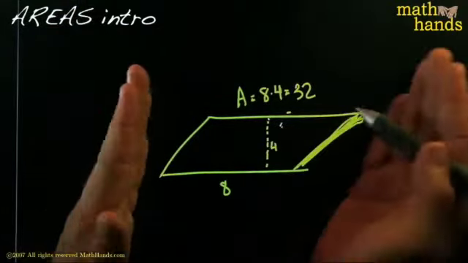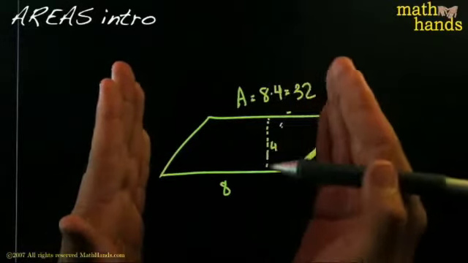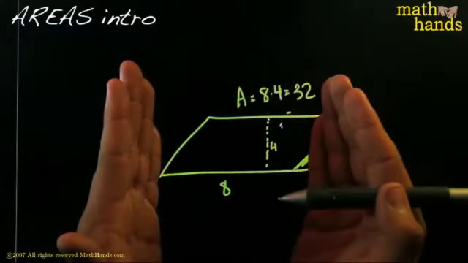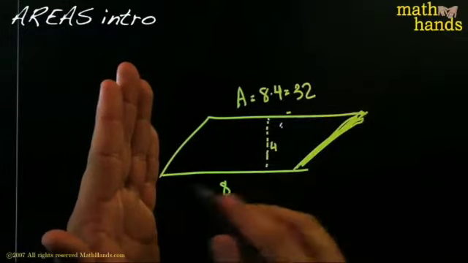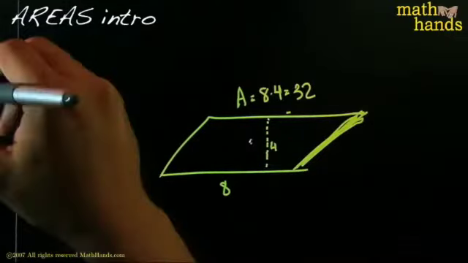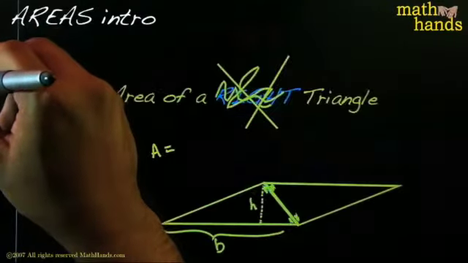Just remember, if you forget, you could just push this thing back so it makes a perfect rectangle. Then it's very, very clear that it's base times height. Okay, that was just a little rewind.